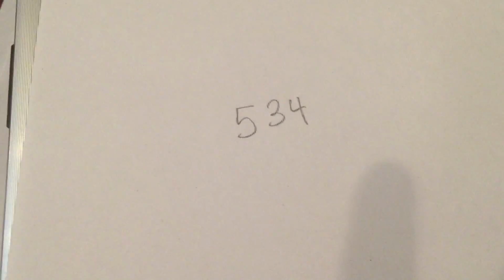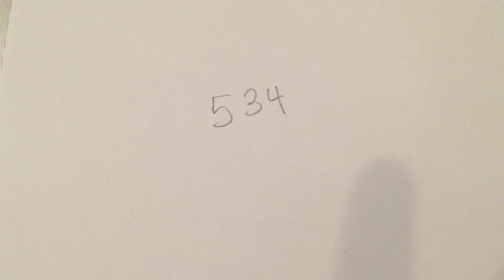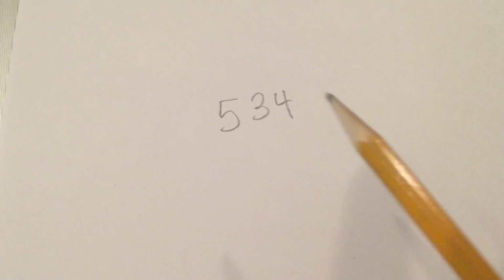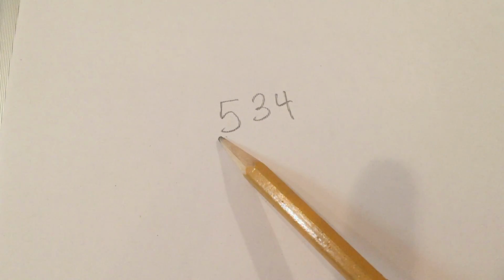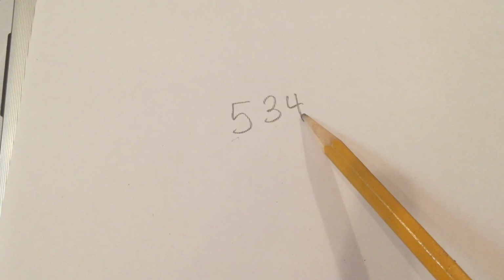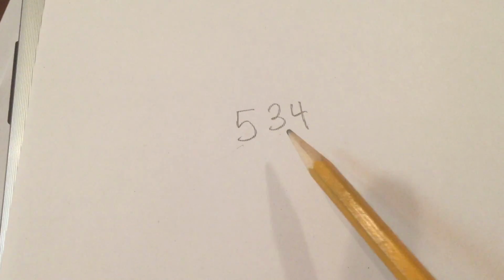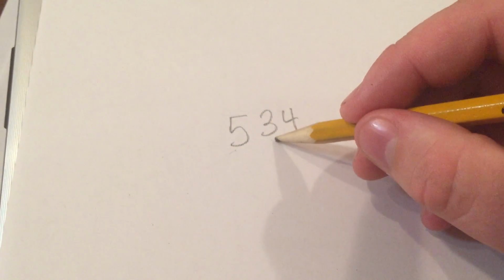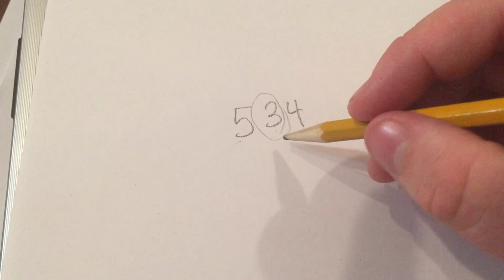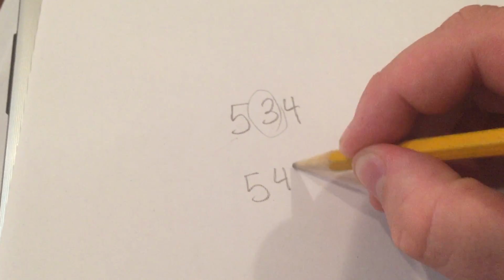So 534 plus 10. If I were to add 10 to this number, do you think I would add 10 to the hundreds, to the tens, or to the ones? Well, if I were to add 10 to this number, I would add it, of course, in the 10 spot. So the answer is 544.